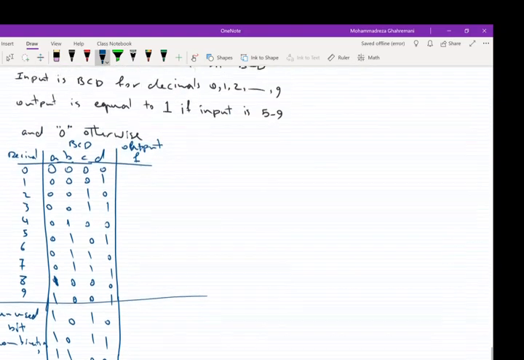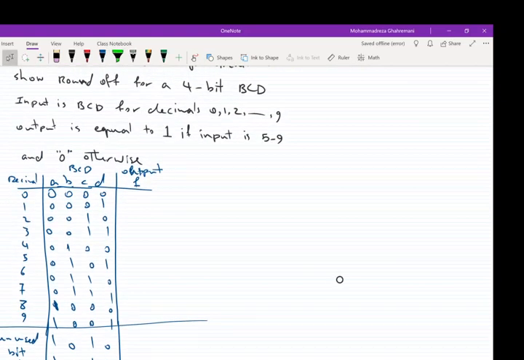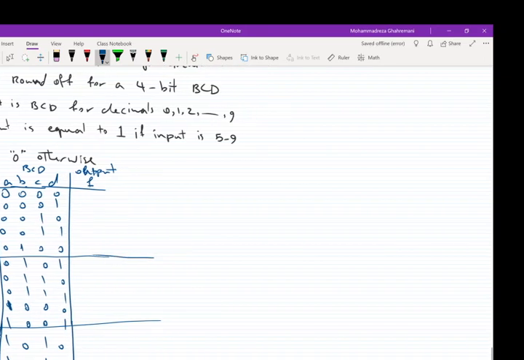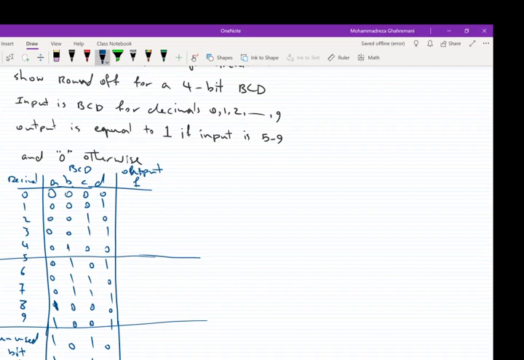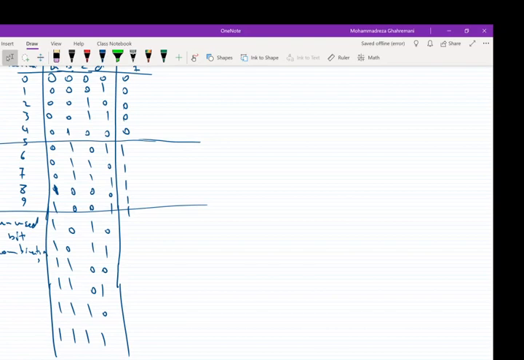Now for the outputs, for the inputs from 5 to 9, the output is equal to 1. From 0 to 4, outputs are 0. And for these unused combinations, the output is don't care.